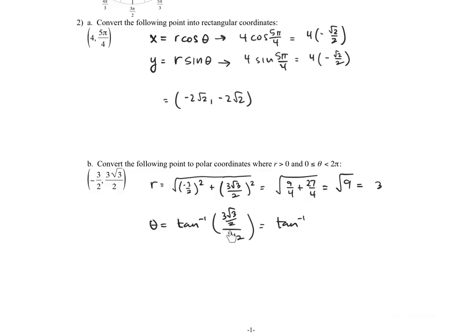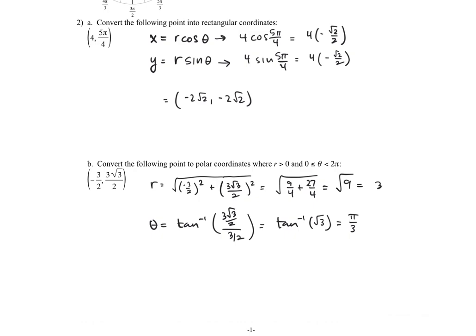So the 3/2 here are going to cancel. So this is the inverse tangent of the square root of 3. And that's equal to 60 degrees or pi thirds. Now, this is in quadrant 2.